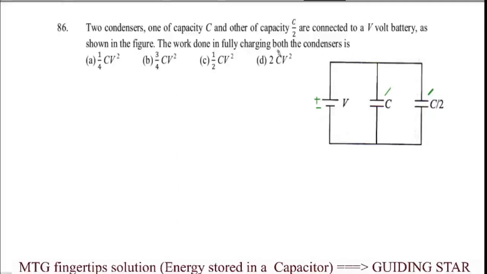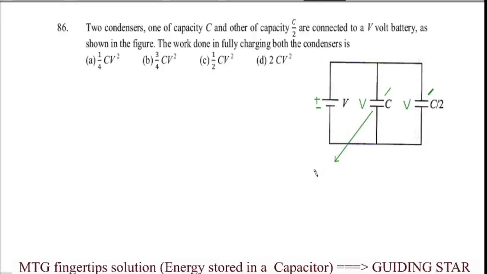done? So here in this particular case, as these two capacitors are connected in parallel across a battery, the potential difference across both the capacitors will be the same as the potential difference across the battery. So potential difference over the capacitance C will be V, and here also the potential difference will be V. If both have the same potential, what will be the energy stored across this particular capacitor?